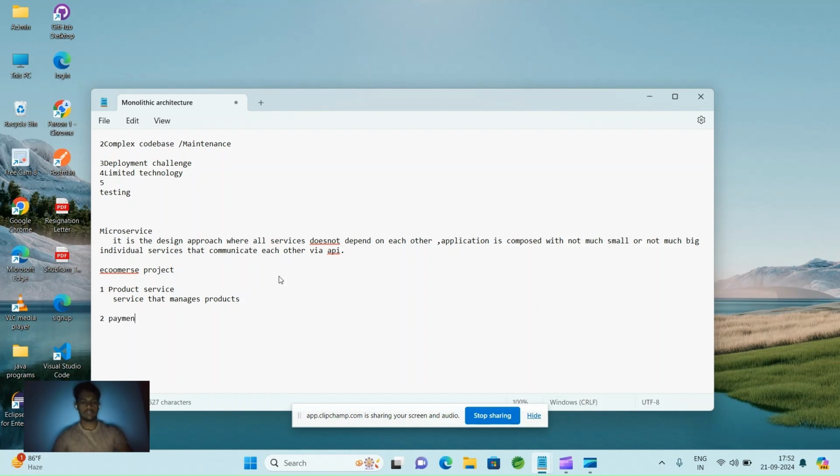Payment service manages payments. Order service manages orders of products.